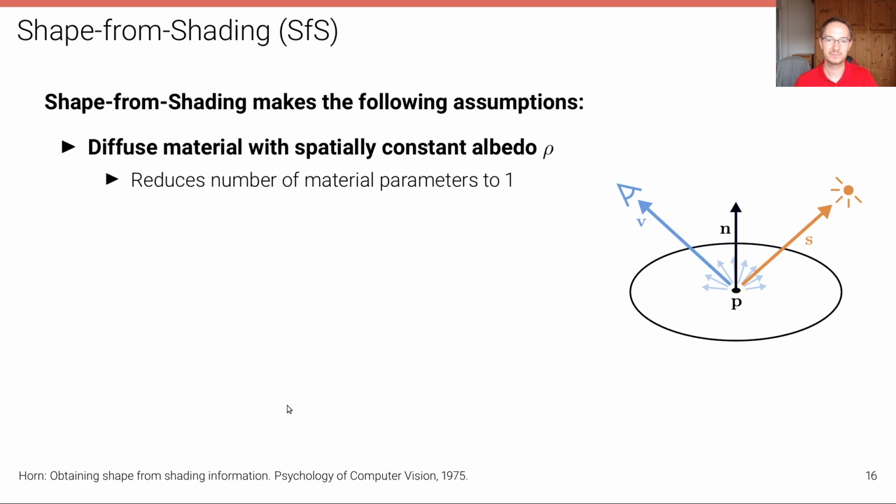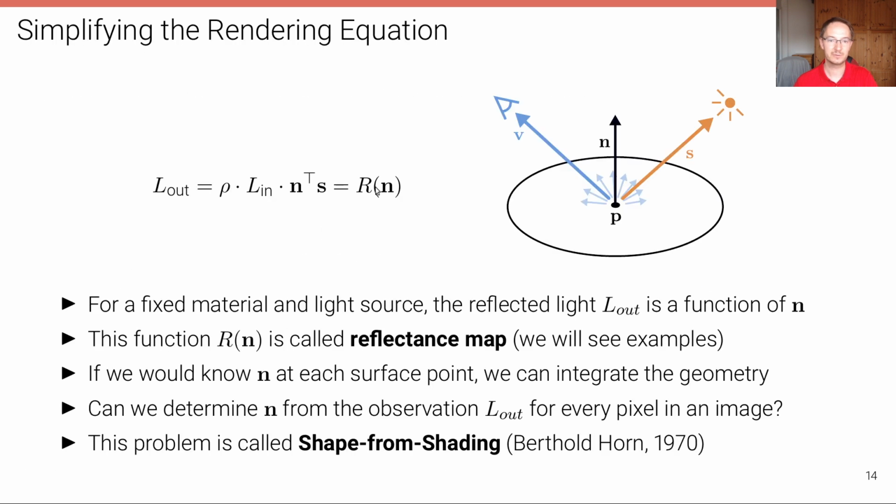Let's look at the equation from before. We have R of n equals this expression times n transpose S. So now we're just left with n transpose S if we assume this to be 1, or to be absorbed into R. You can think of this as R divided by this constant.